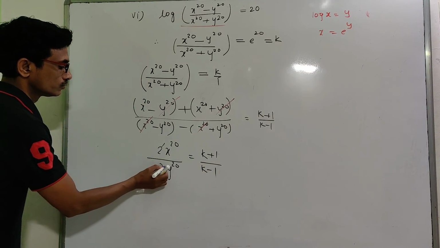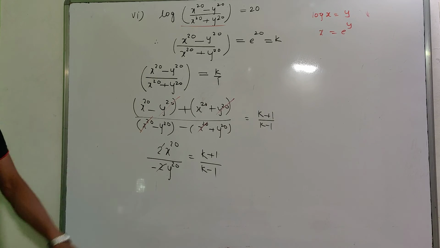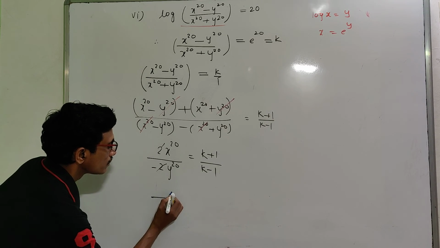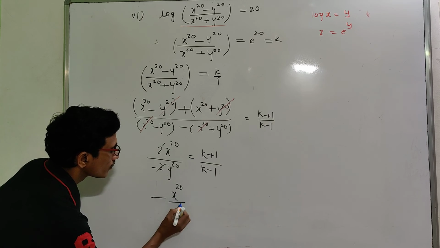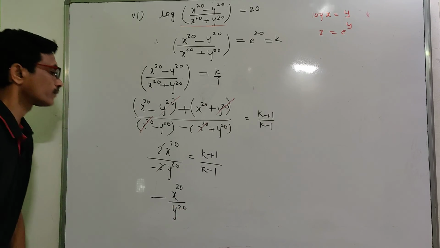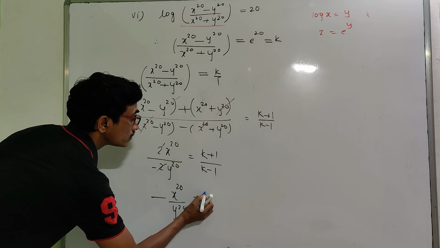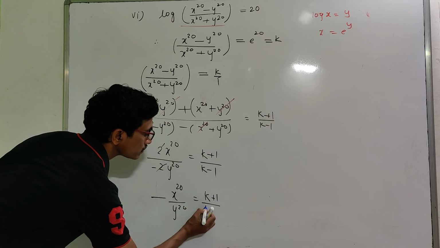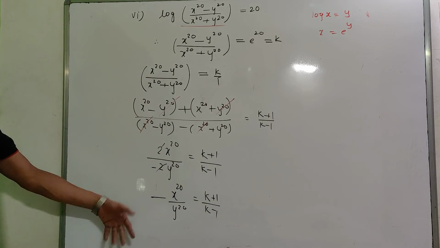So this again 2 is getting cancelled. What is left over here? Minus x raised to power 20 upon y raised to power 20 is equal to k plus 1 upon k minus 1.